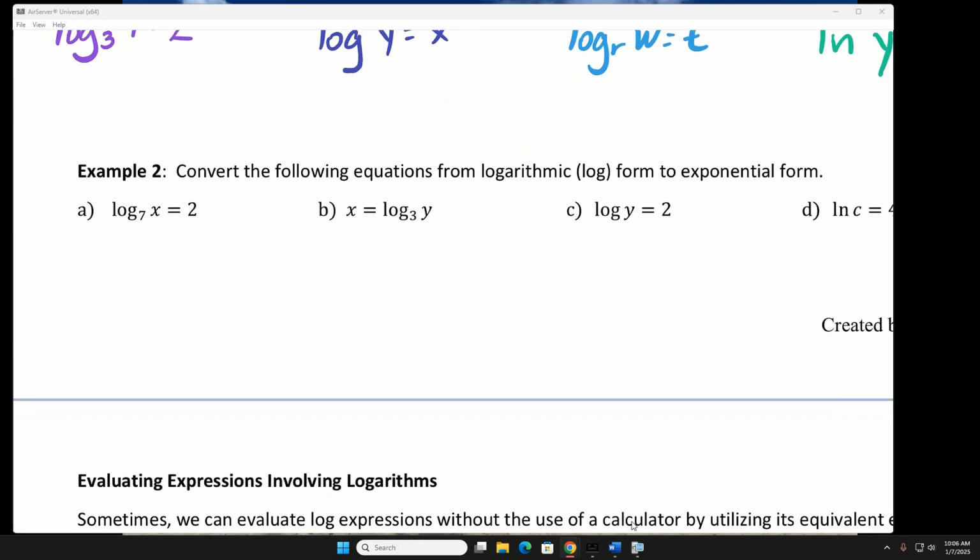Okay, and then we're going to do the opposite. So this one, we are going to write as an exponential. So the base is 7, you can do the loop if you want to, but the base is 7, raised to the second is x.